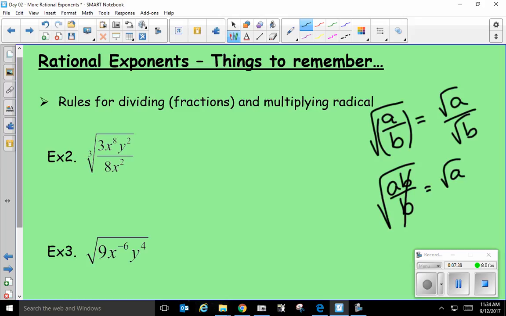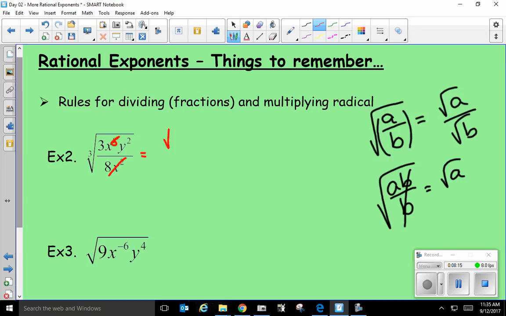So let's take a look at example 2. What makes this good for us ultimately? First of all, we can cancel x's. I can take 2 of these x's and 2 of these x's, and that becomes a 6. Now there's nothing else I can cancel or reduce, so I'm going to break this radical into top and bottom. Careful, it's a cube root.